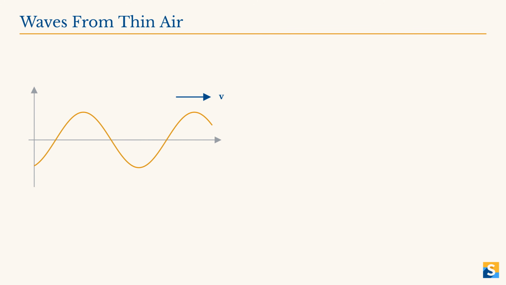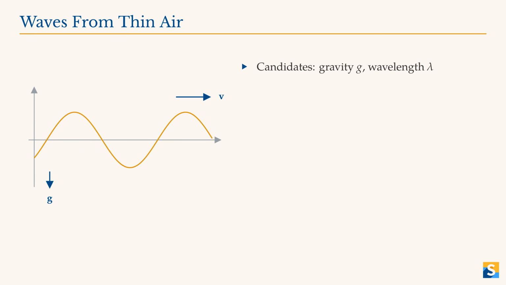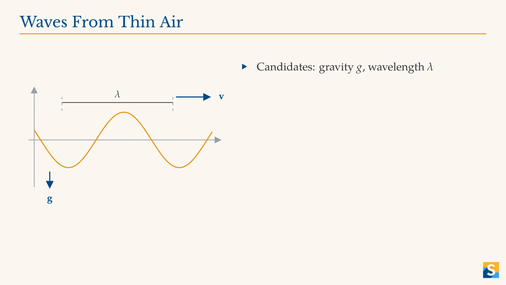One more, because this trick feels like magic. What sets the speed of a long ocean wave? Think about what the water knows. Gravity g pulls the surface back down, and the wavelength lambda sets the size of the disturbance. For long swells, that is the entire list.